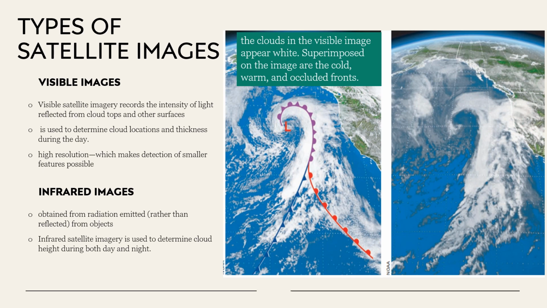It is actually useful in determining which clouds are most likely to produce precipitation and or stormy conditions. So a major advantage of infrared imagery is its ability to detect energy radiated skyward both day and night. As a result, the movement of storms can be monitored 24 hours a day.